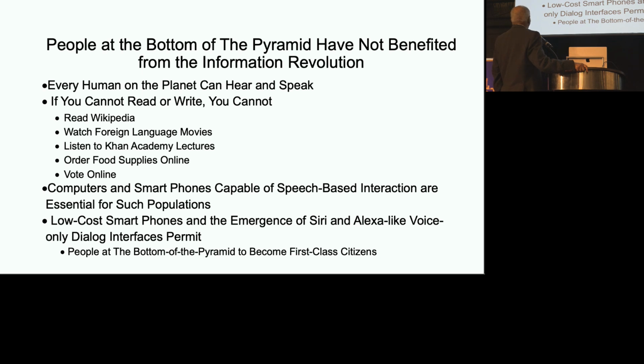They can't read Wikipedia, they can't watch a foreign language movie, or listen to Khan Academy lectures for elementary school and primary school, or order food supplies online from Amazon or some other online vendor, or things like vote online and many other things that are beginning to happen.